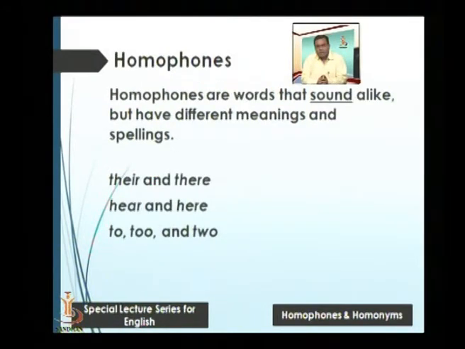Some more examples can be provided here. Another pair is hear and here. To hear is to listen, H-E-A-R. And here means at this place. Pronunciation is the same, spellings are different, context is different, meanings are different, as I said.